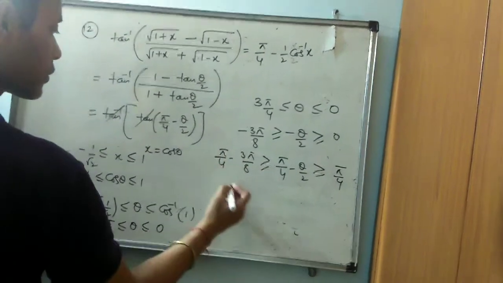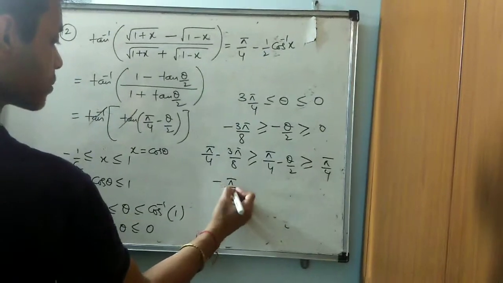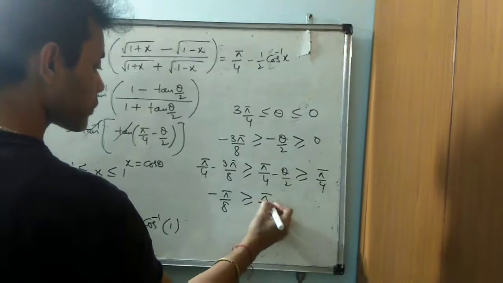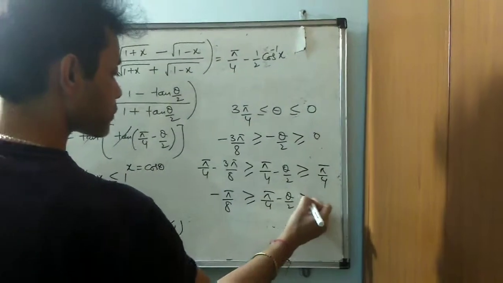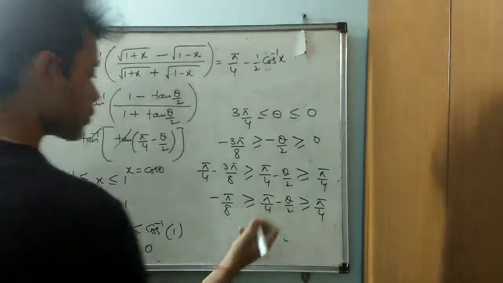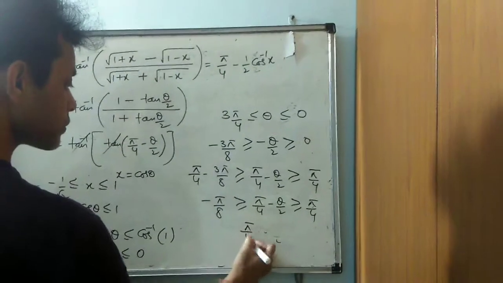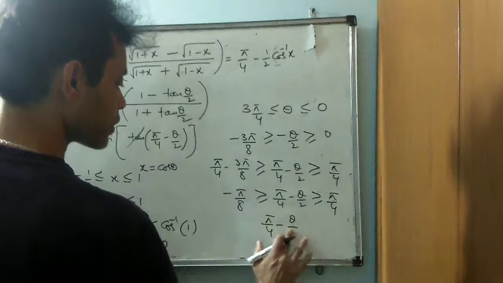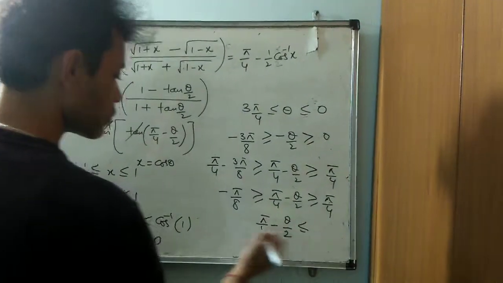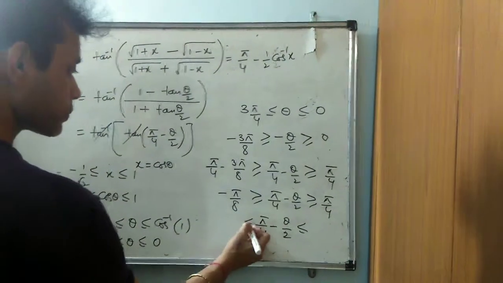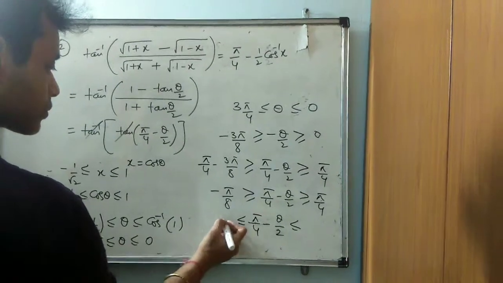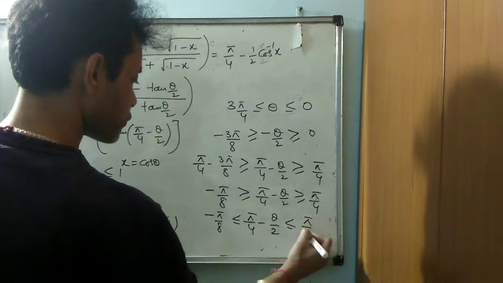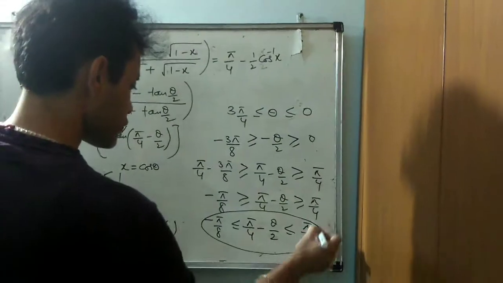When we simplify, this one is minus pi by 8. So pi by 4 minus theta by 2 lies between minus pi by 8 and pi by 4, which is well within its range.